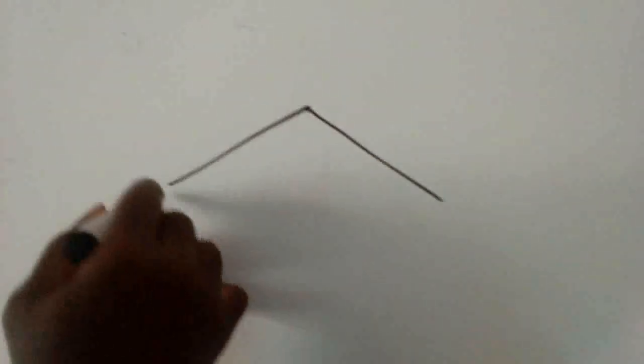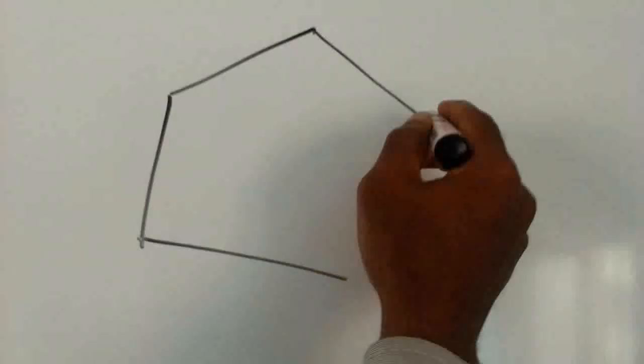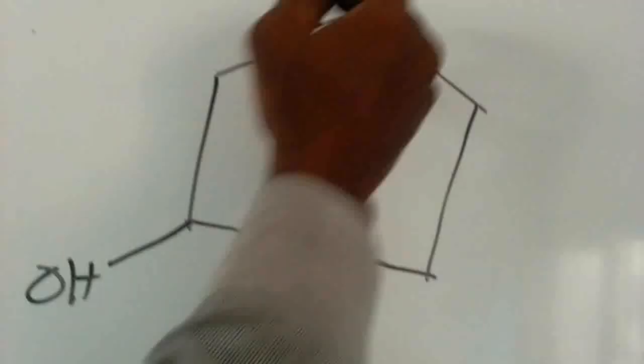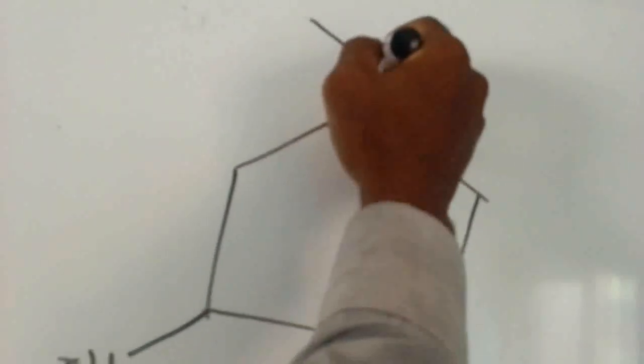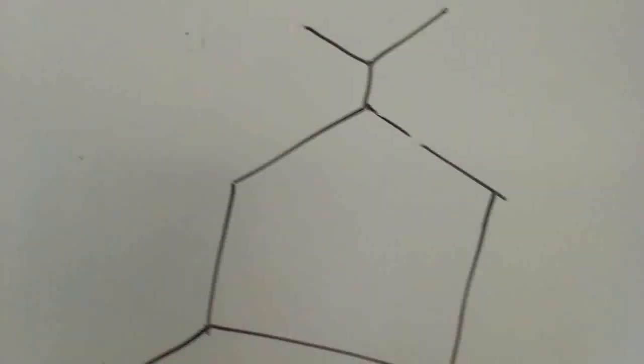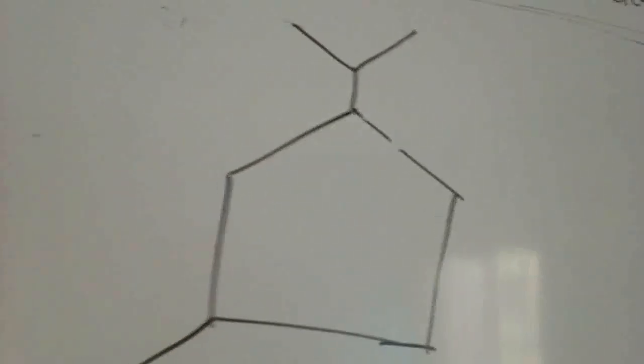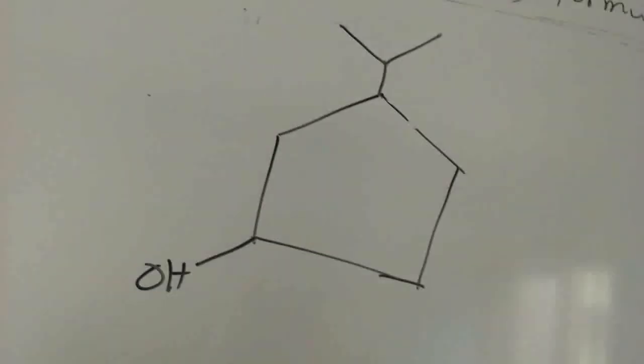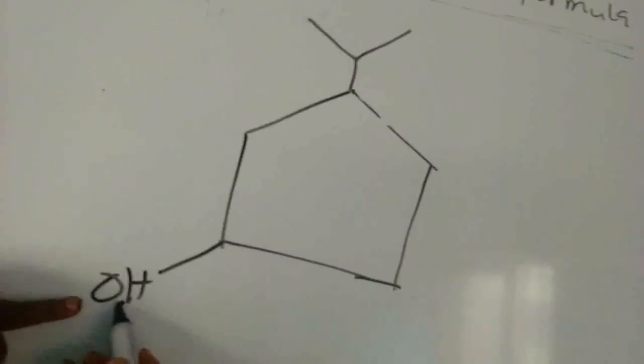What if we have this structure on the board given to you to name in the examination? What will you call it? It's a structure of an organic compound, a cyclic compound. To name the compound, what are we going to call it? This is the functional group, that's the major group in the compound.